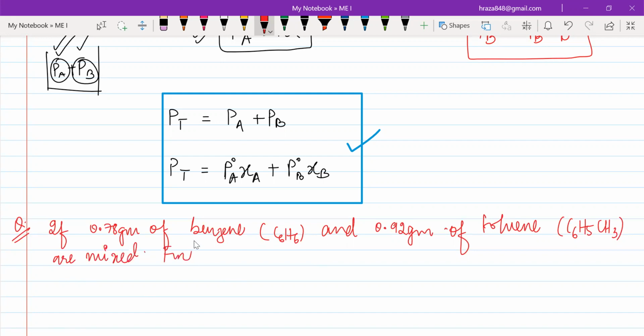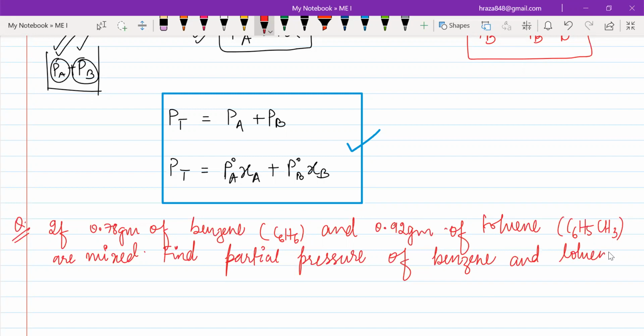Find partial pressure of benzene and toluene, and also total pressure of solution.